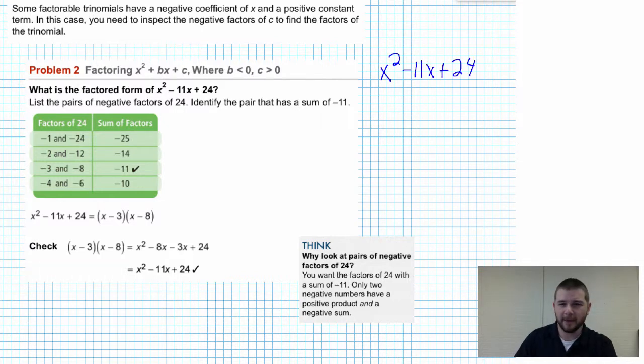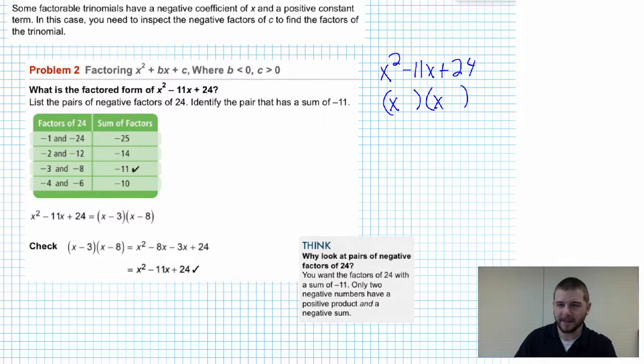So I begin by copying the problem, x squared minus 11x plus 24, and I set the framework again for two binomials. I know that our first terms need to have a product of x squared.